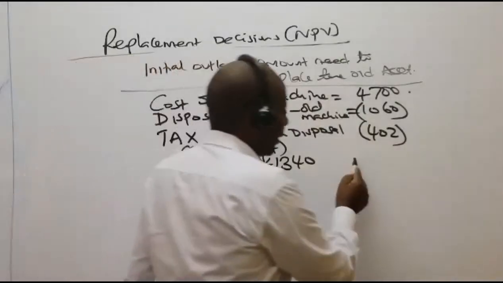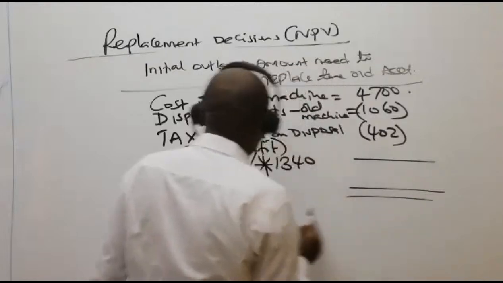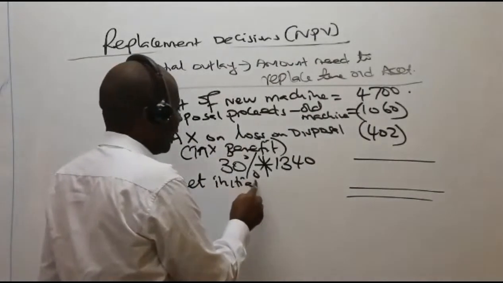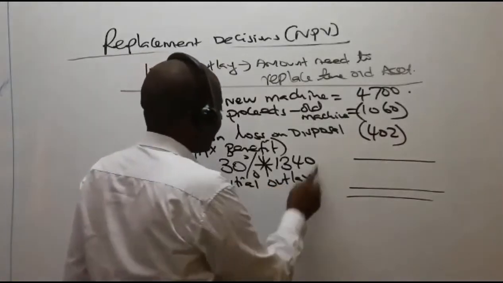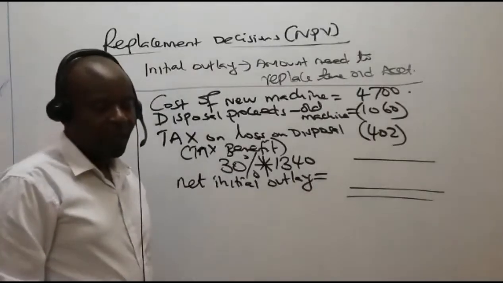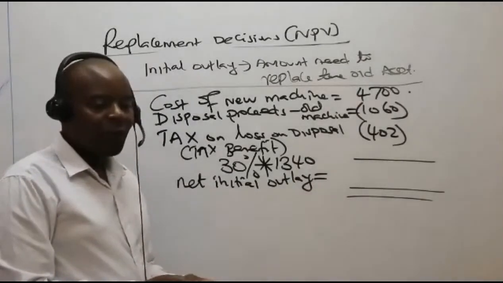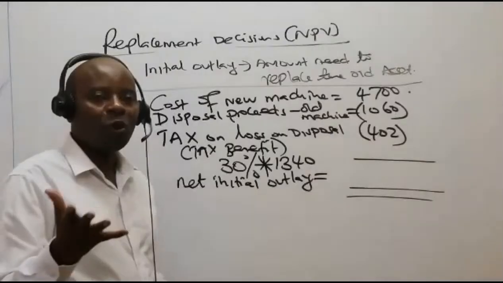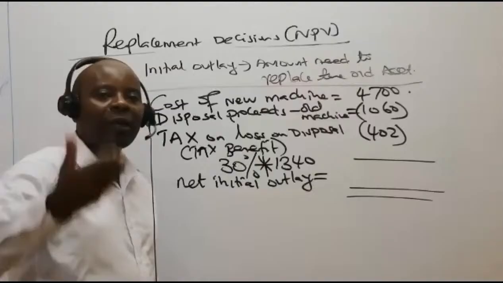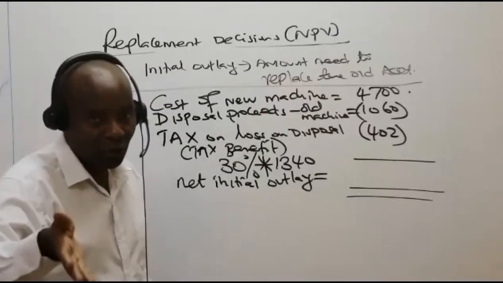In this case, could you come here and tell me what the net initial outlay will be? A good question there: what if we make a profit on disposal? If we make a profit on disposal, then we'll be expected to pay tax on that.